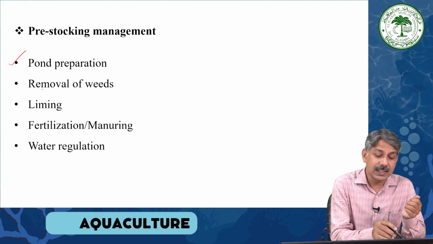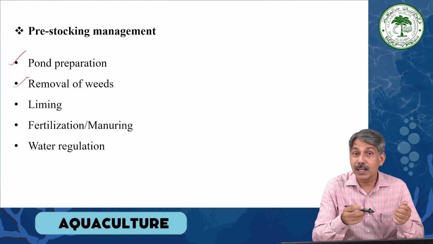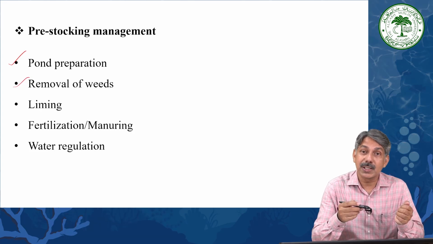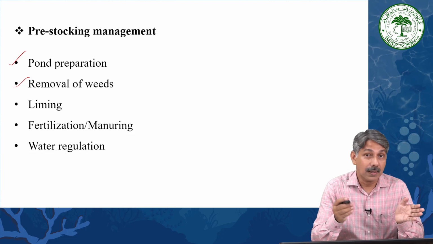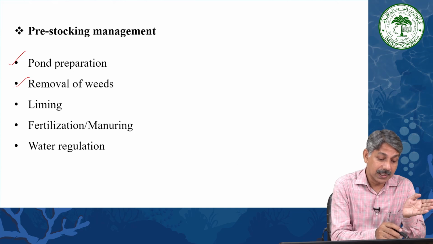Then weeds, if there are any weeds in the pond, then you have to remove weeds also, aquatic weeds I'm talking, because ultimately they may be very problematic to you. In fact, that is a menace in many of the water bodies, especially old water bodies like community ponds, which are lying there vacant, unutilized for many years.